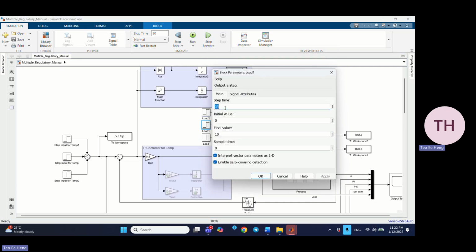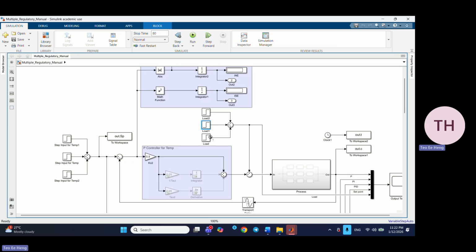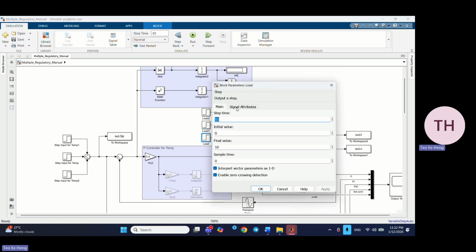For the second one, the final value is also 10, but the step time is at 35 seconds. And for the third one, the final value is also set to 10 at the step time of 55.